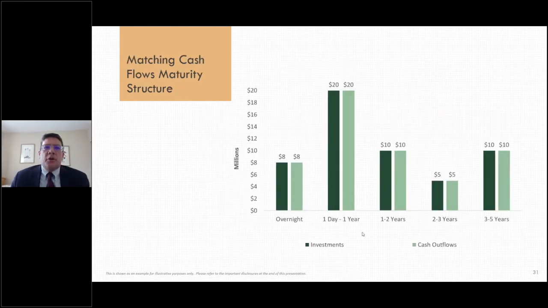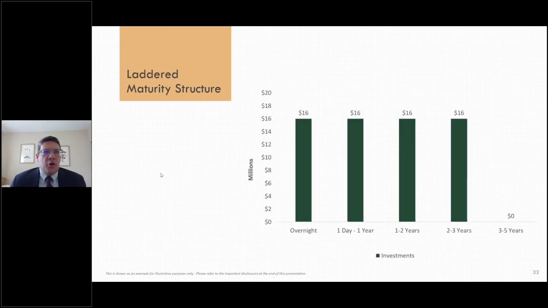Okay, so in terms of structuring maturities, I want to focus on that because this is tied directly to liquidity. And here's an example of where you have known outflows, and you've matched your investments to those outflows. That's one term structure. Another term structure you can think about is laddering it.